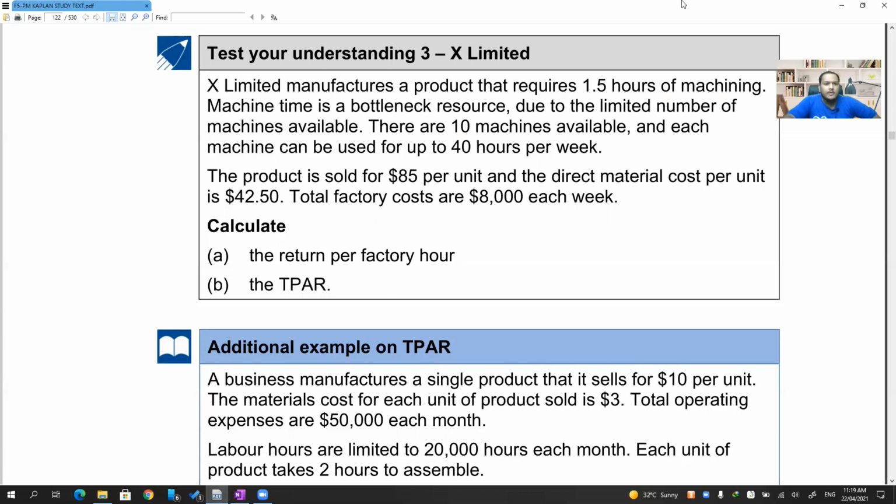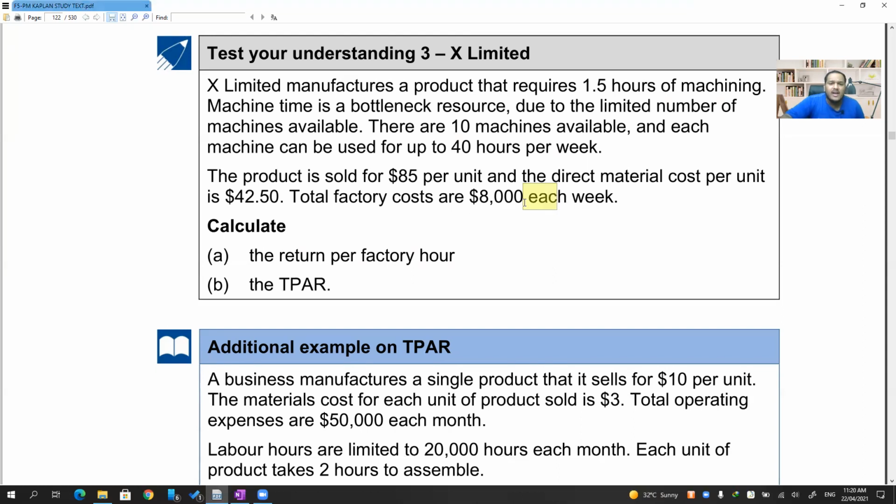Come on guys, 28.33 is the return per factory hour, the throughput per factory hour. Did everybody get that or still doubt? Oh, 1.42, you did the throughput accounting ratio. Okay, 28.33 is the return per factory hour.